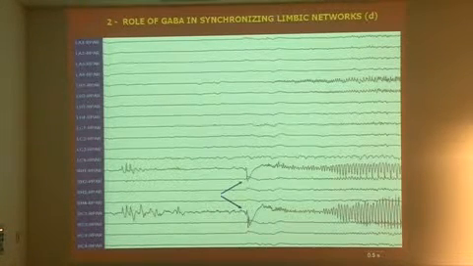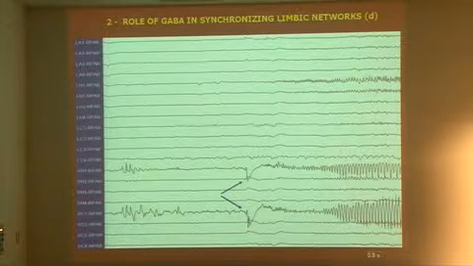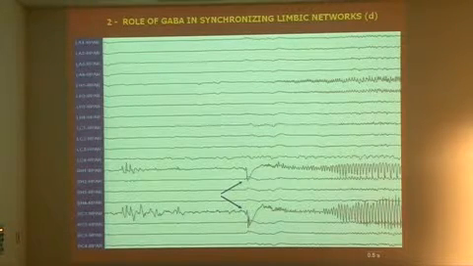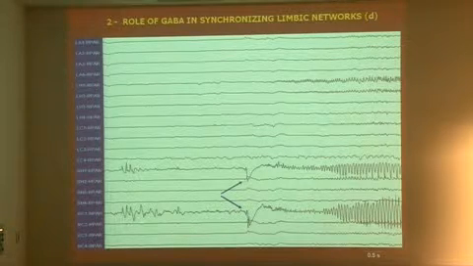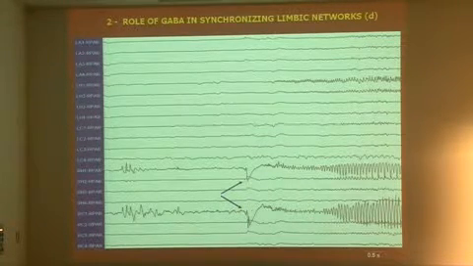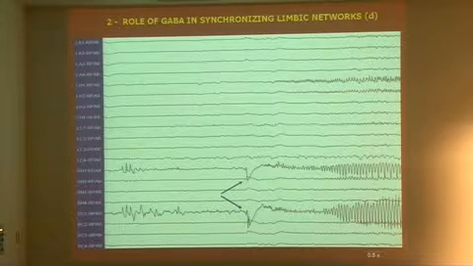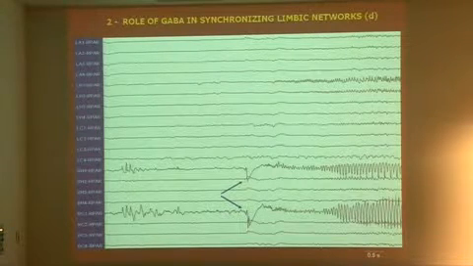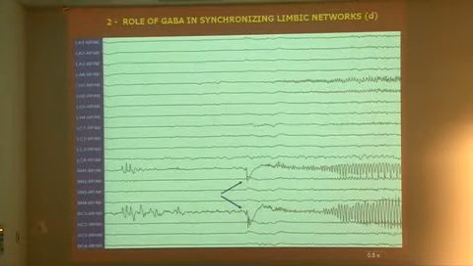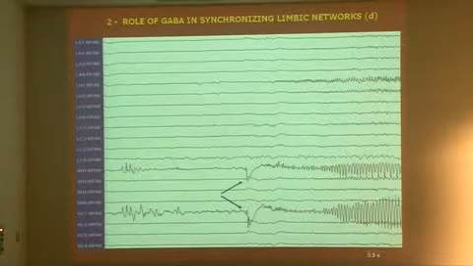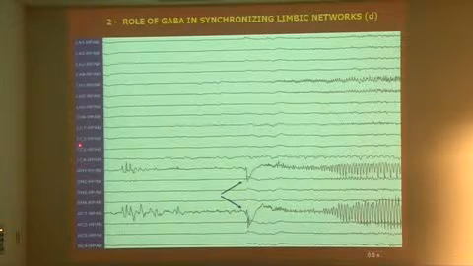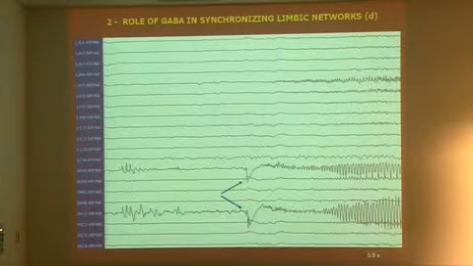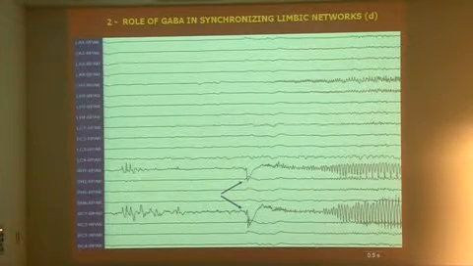Now, this phenomenon is not only seen in the lab in the slice dish. It's also seen sometimes in human patients with temporal lobe epilepsy. This is courtesy of François Dibot, where left and right, several hippocampal and parahippocampal structures were recorded.